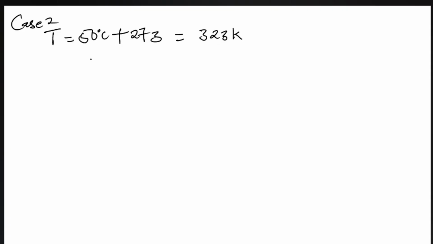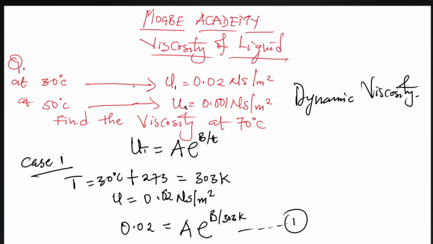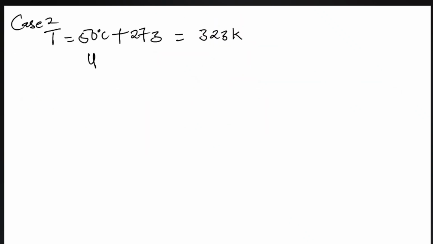Now, what is your viscosity? The viscosity for case 2 was given as 0.001 Newton seconds per meter square. So you input your viscosity here and tell your examiner that your viscosity was 0.001 Newton seconds per meter square. Are we together?